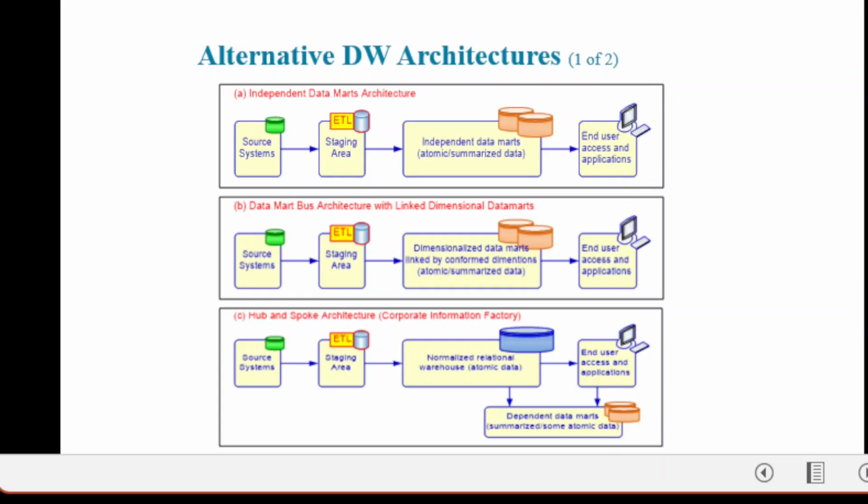And then the next is the data mart bus architecture, where we have source systems, can be anything, can be point of sale systems, and then there is a staging area where you do the extract, transform, load, and you stage the data there, and then you can have dimensionalized data marts.